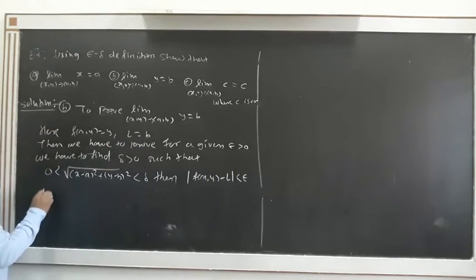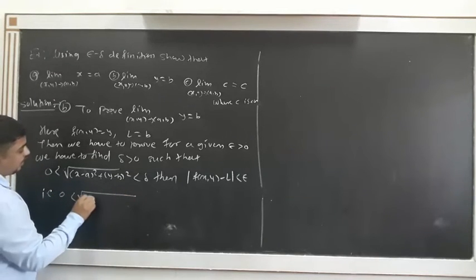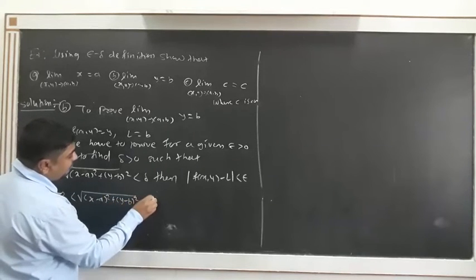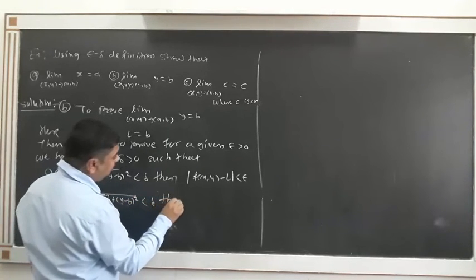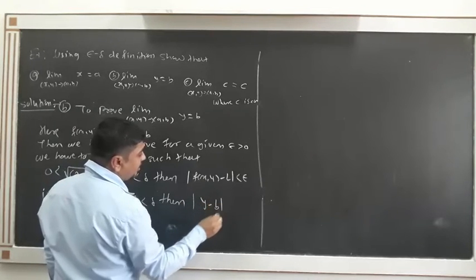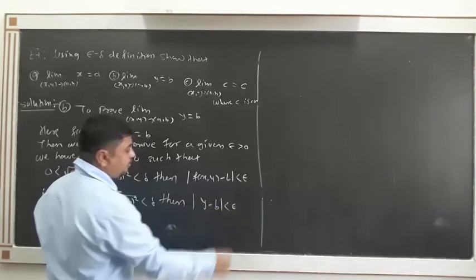Put the values of L and f of xy. So 0 is less than the square root of (x minus a) square plus (y minus b) square is less than delta. Then f of xy minus L, that is y minus b, is less than epsilon.